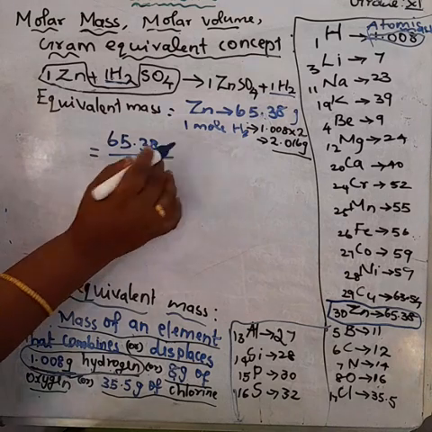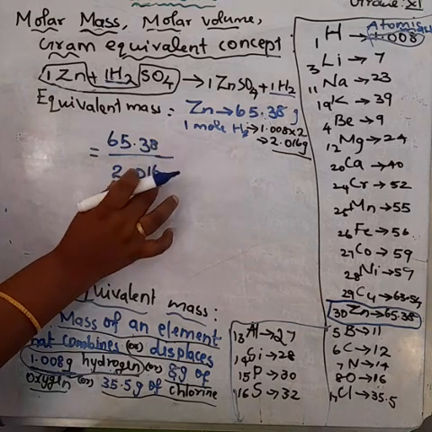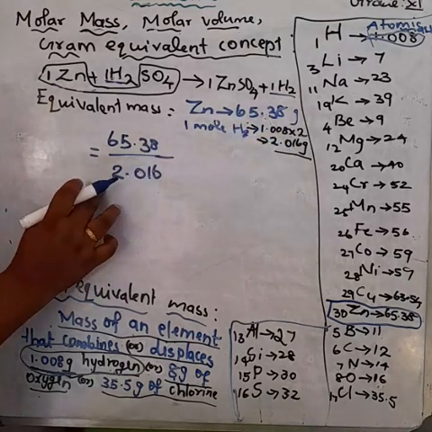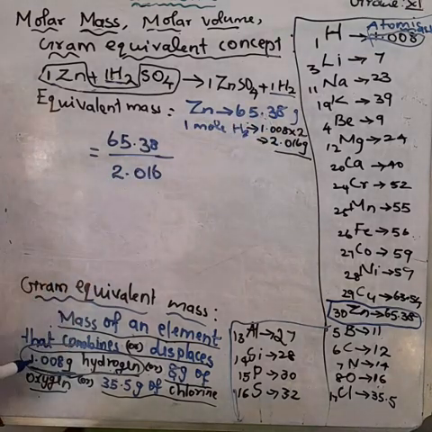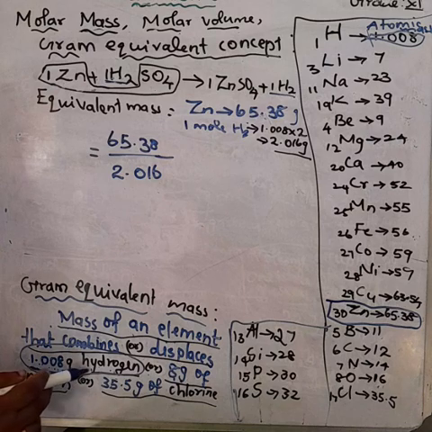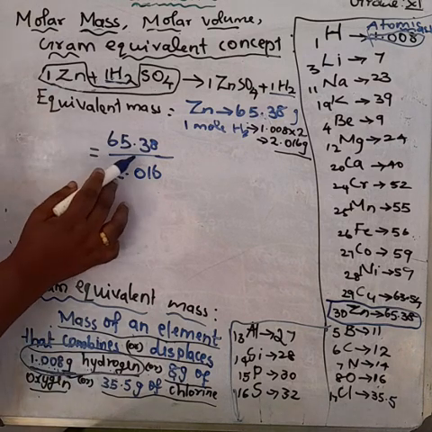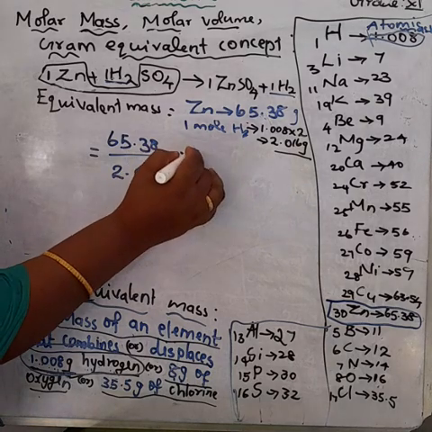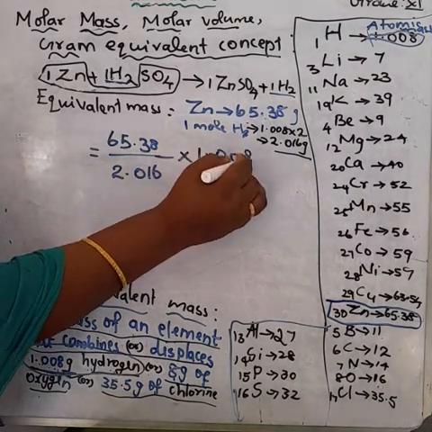So 65.38 divided by 2.016, which is the weight of the hydrogen molecule, 1 mole of H2, but we need 1.008 gram of hydrogen. So 65.38 divided by 2.016 into 1.008. Understood?